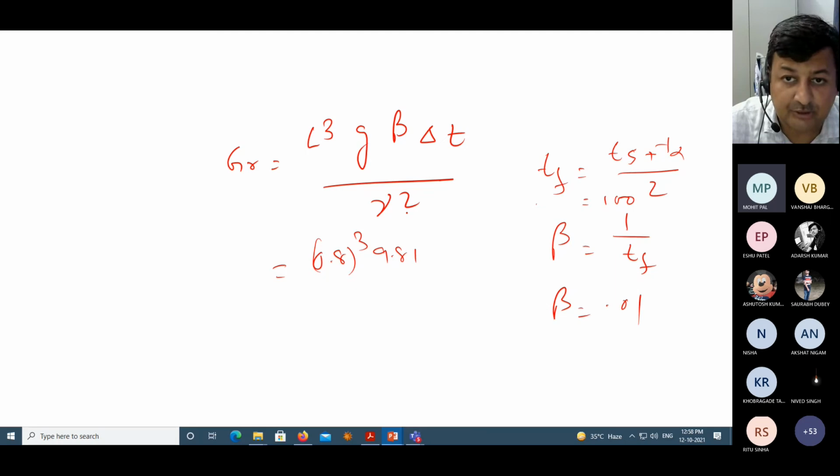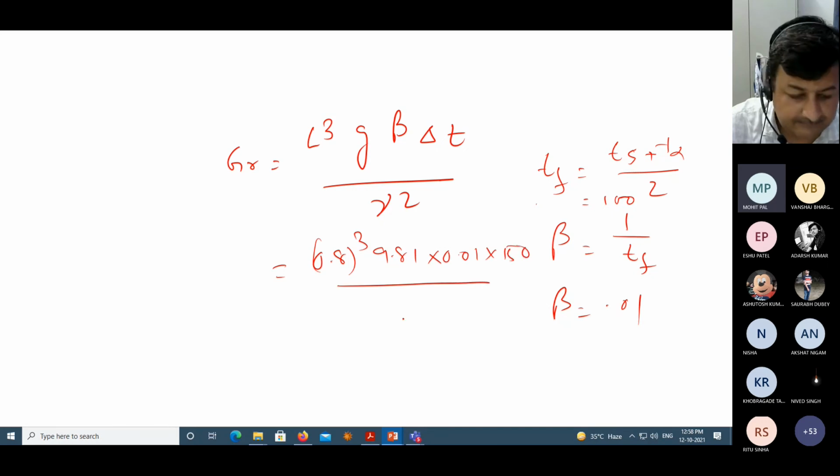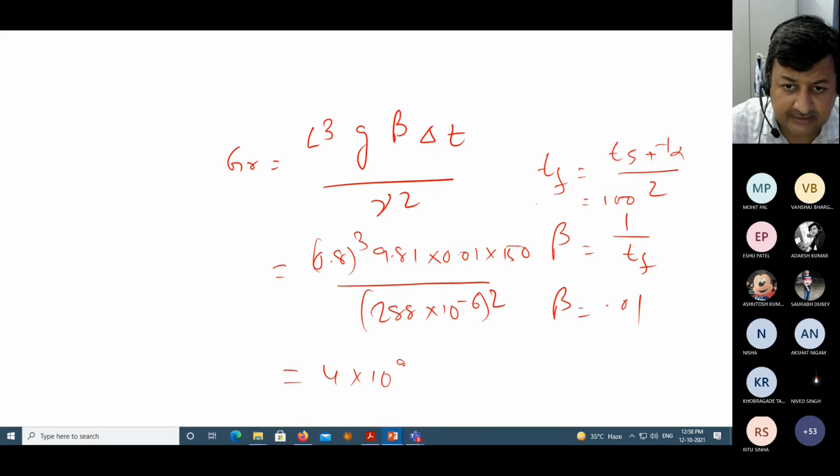Nu squared at the bottom, nu squared. Okay, wait. It's a very big number. In my case it is about 4 into 10 to the power 9. Anyways, it can be wrong.